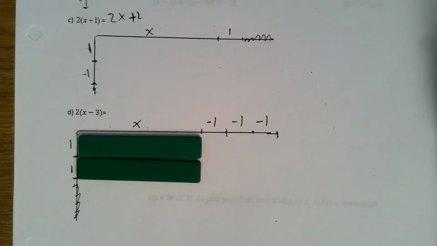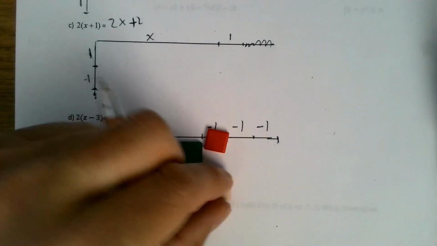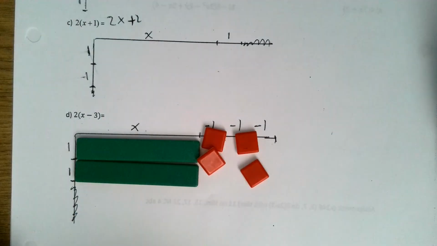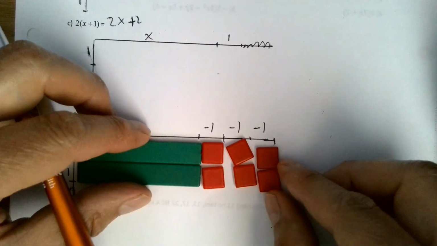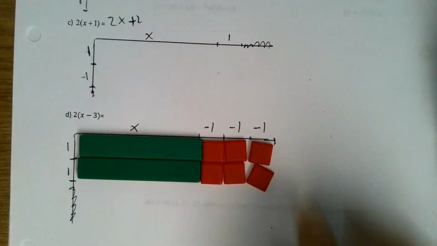Well, that's negative 1. And remember, we're going to show that by making this guy red. And in fact, all of these guys over here are all going to be 1 times negative 1s. So they're all going to be red. There we go.